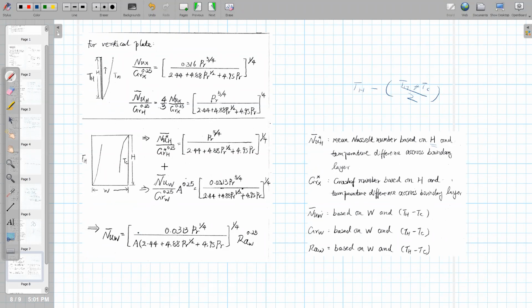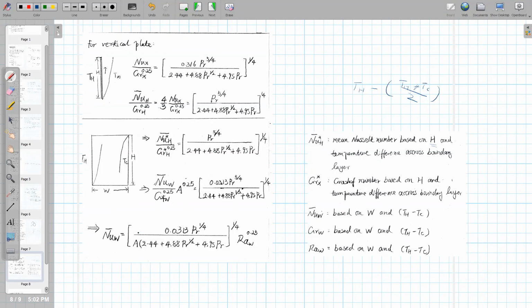You can define the correct Nusselt number that we commonly use for this problem, which is based on W, the width, not H, and on the temperature difference TH minus TC. Divided by the Grashof number, it will be this one. You have this aspect ratio showing up because you change H to W, and you can put this A on the right hand side. This is what the final result looks like.